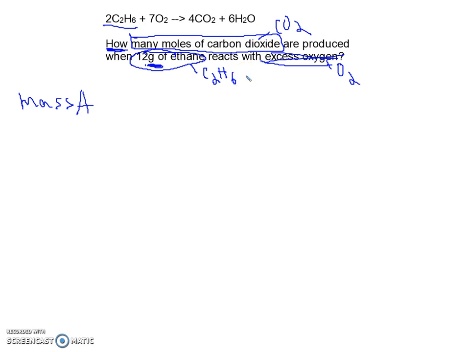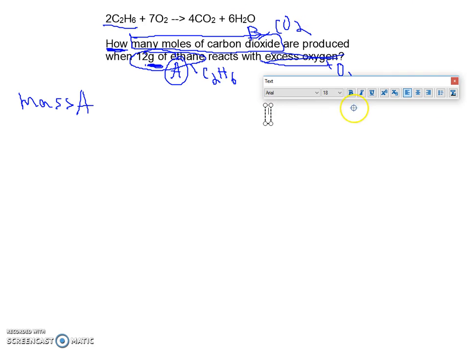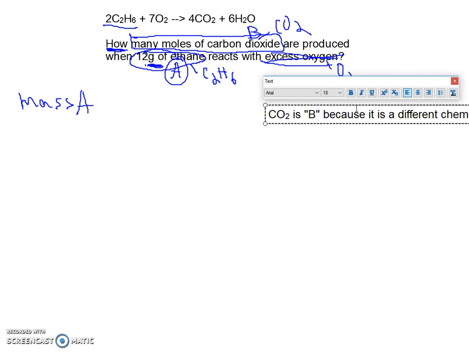Now let's figure out my A and B here. A is the chemical you start with, which means ethane is A. I'm starting with it, and I'm going to carbon dioxide. Well, carbon dioxide is different than ethane, so I'm going to put B. I just want to annotate: CO2 is B because it is a different chemical.